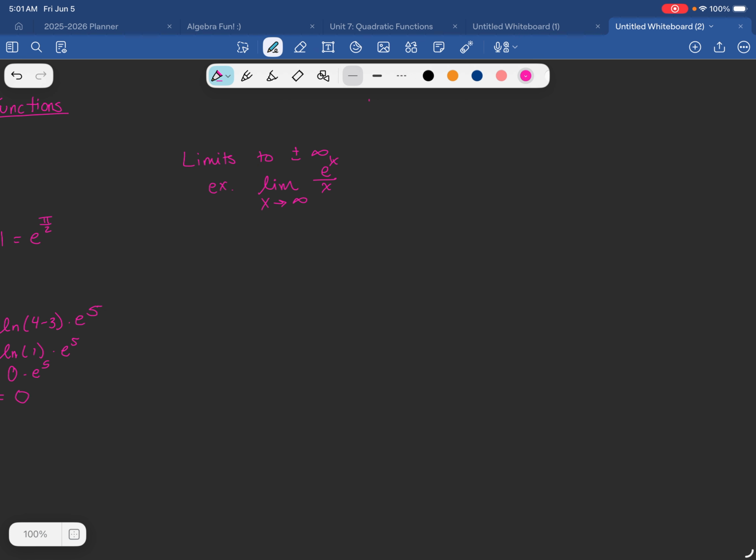If I think about these two functions for a minute, e to the x looks like this, and y equals x is just a straight line. It has a constant rate of change, whereas e to the x has an increasing rate of change that's not constant.